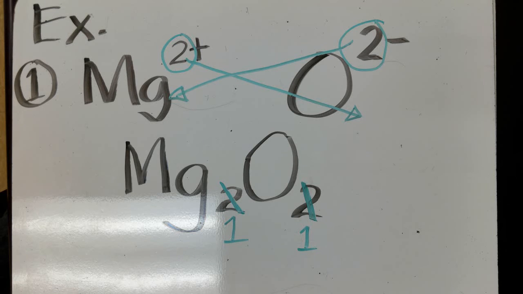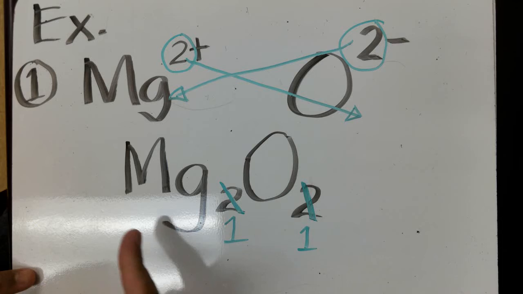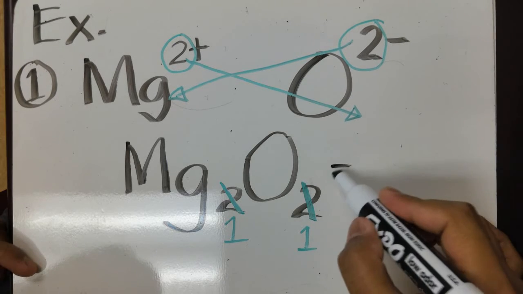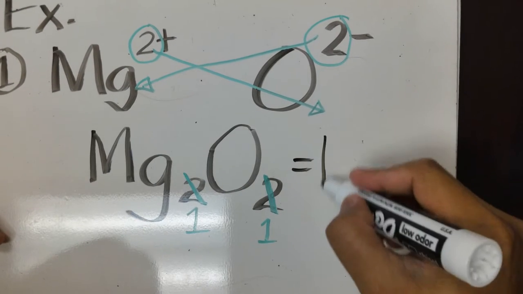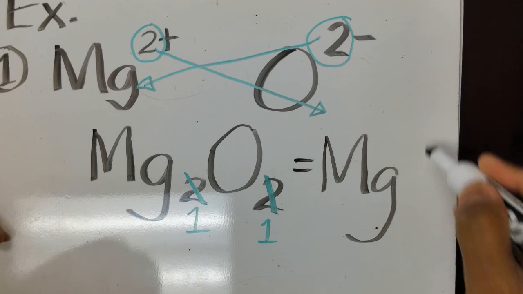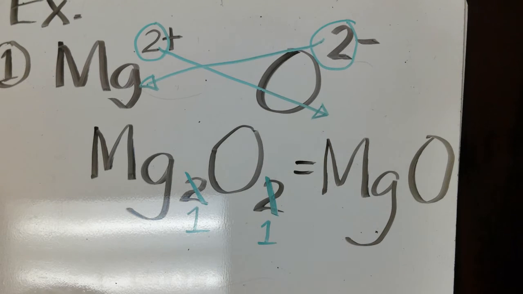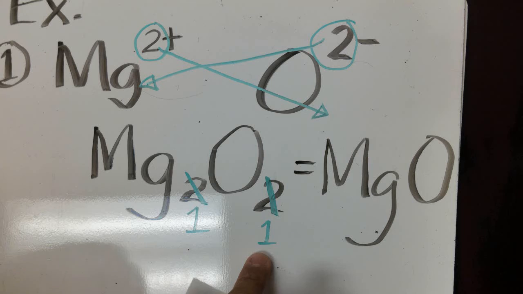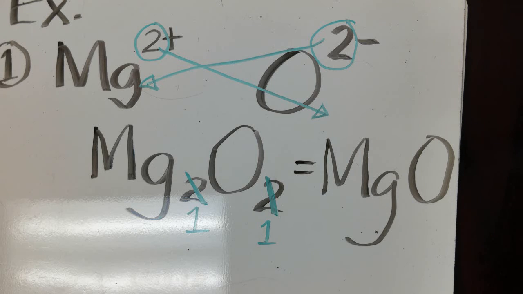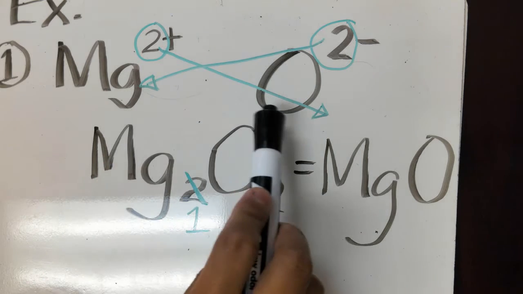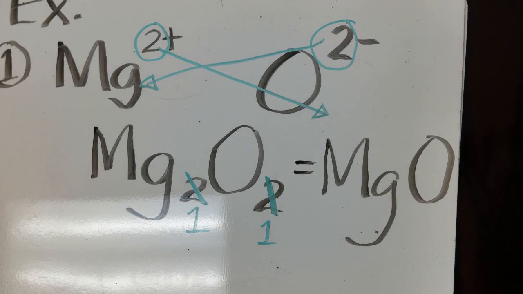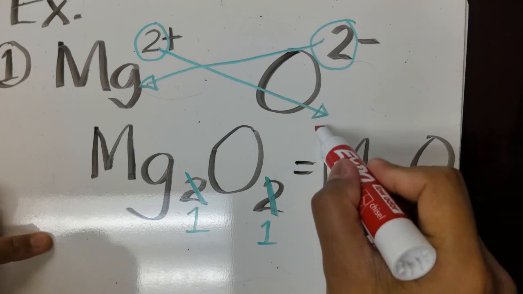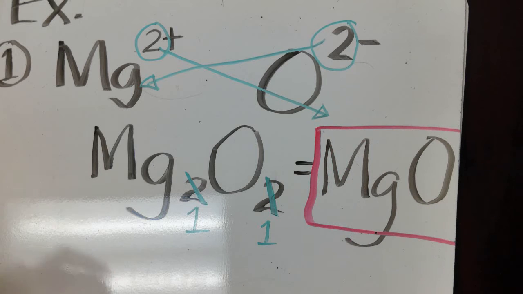So therefore, the final outcome of Mg2O2 can be rewritten as simply Mg capital O, because that was reduced to a 1. So the final answer for Mg 2 plus and O 2 minus pairing will be MgO.